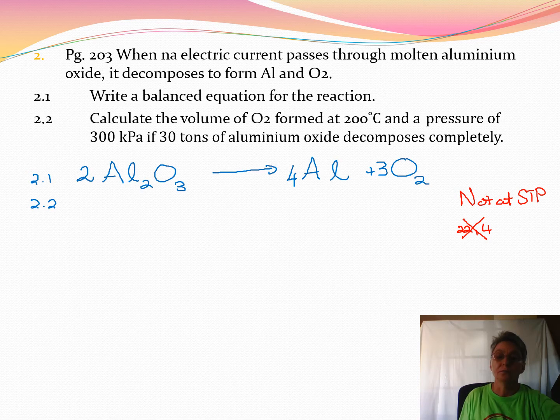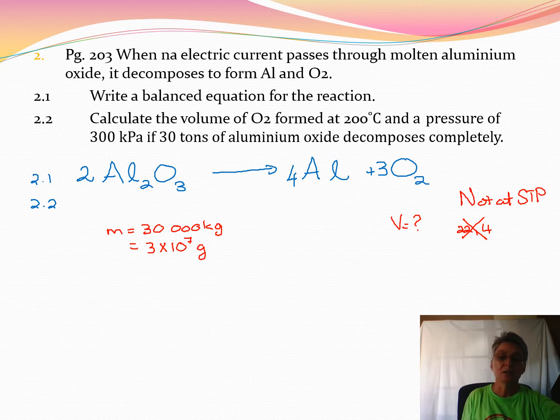Calculate the volume of oxygen formed at 200 degrees Celsius and a pressure of 300 kilopascals if 30 tons, 30,000 kilograms, which is 30 million grams, I'm going to use scientific notation, 3 times 10 to the power 7 grams of aluminium oxide is decomposed.